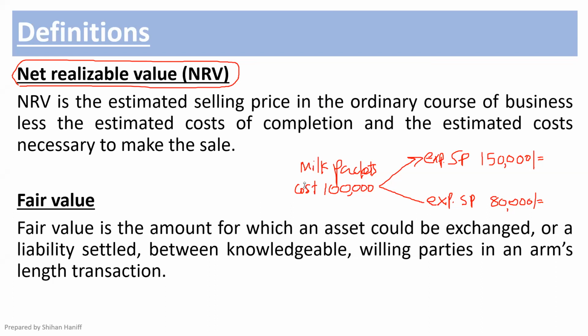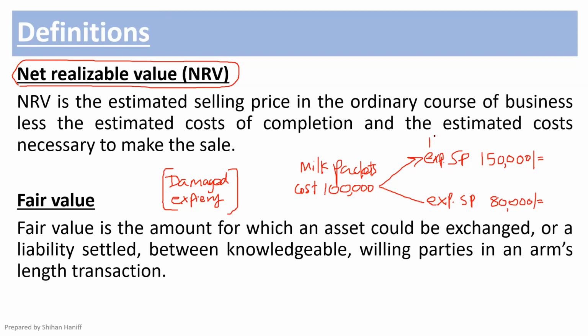Sometimes there can be damaged stock. Stocks are damaged, or the expiry date is close by. Because of this, you sell at a loss.